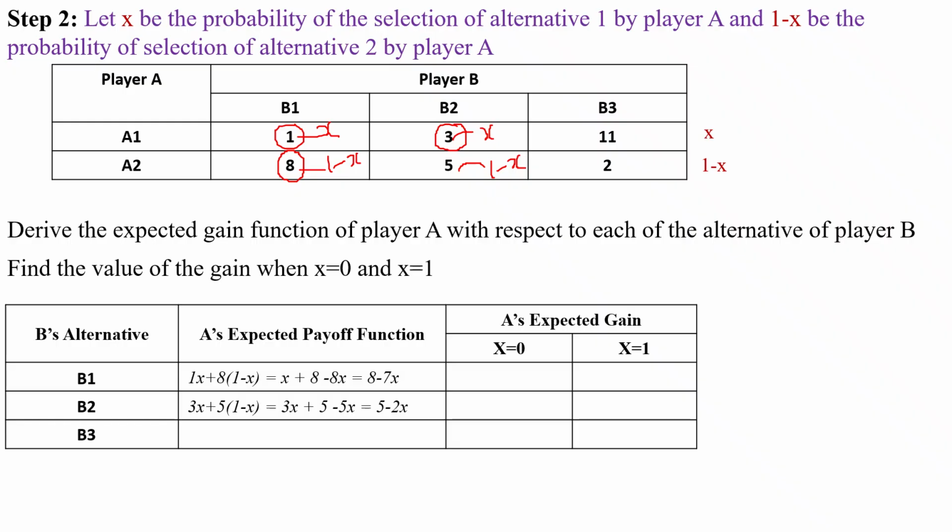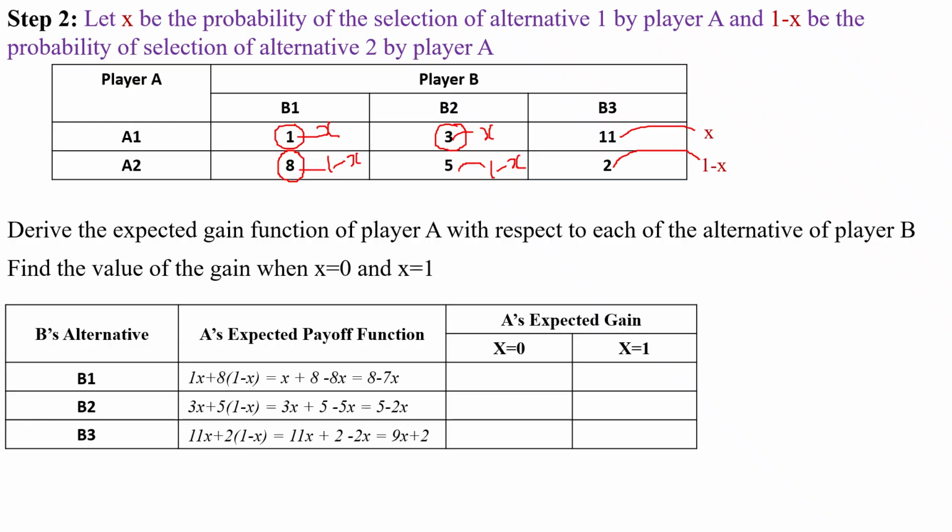Next we write down A's expected payoff function for the third strategy, B3: 11 into x plus 2 into 1 minus x, which becomes 11x plus 2 minus 2x, which equals 9x plus 2.